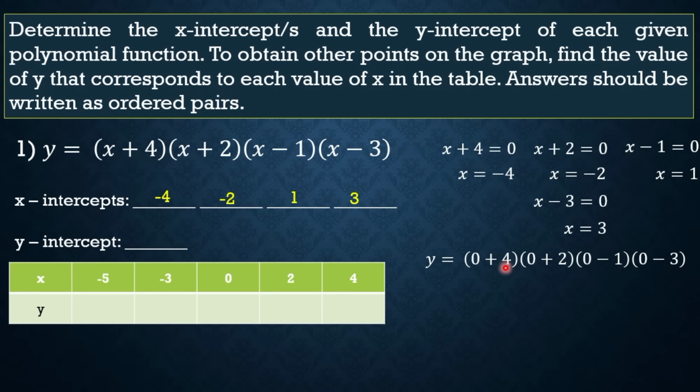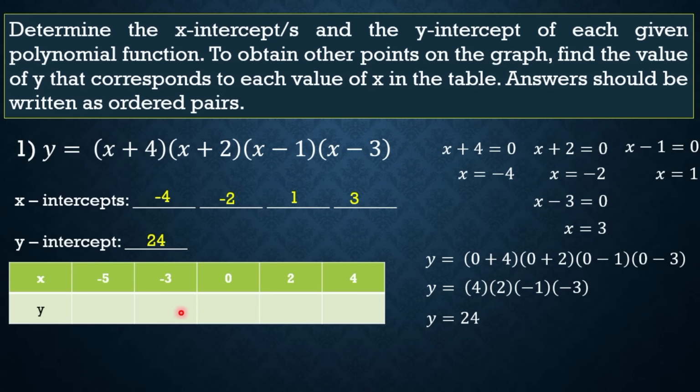And 0 plus 4, that is 4. 0 plus 2, that is 2. 0 minus 1, that is negative 1. And 0 minus 3 is negative 3. Then simplify. 4 times 2 times negative 1 times negative 3. The answer is 24. So yung y-intercept natin is 24.